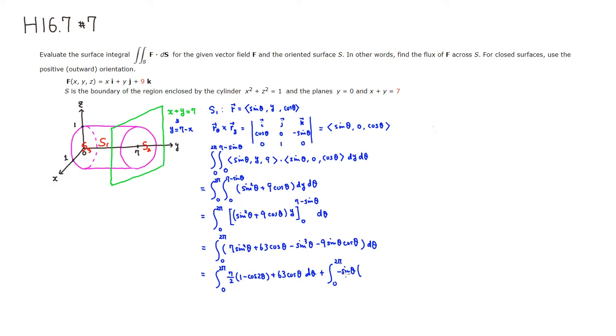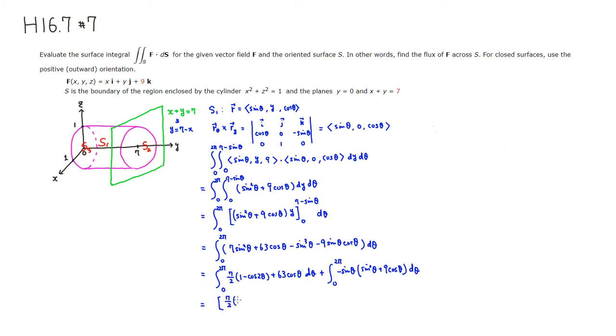All right, then you have a negative sine of theta pulled out, so you have a sine squared of theta plus 9 cosine of theta, d theta. Then let's evaluate this. The antiderivative of this: 7/2 is just a constant.